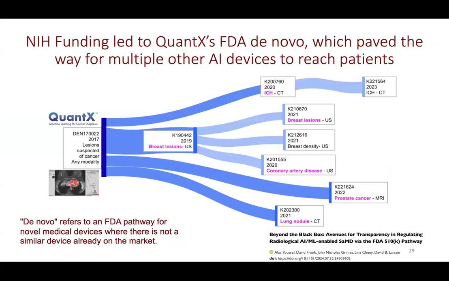But what I want to point out is another big part of why getting this FDA approved was so important. At that time, this category for assessing the likelihood of malignancy did not exist yet. So it was called a de novo, which refers to an FDA pathway for novel medical devices where there's not a similar device out there. However, when we got approval, this enabled others to get approvals because they used us as a predicate.